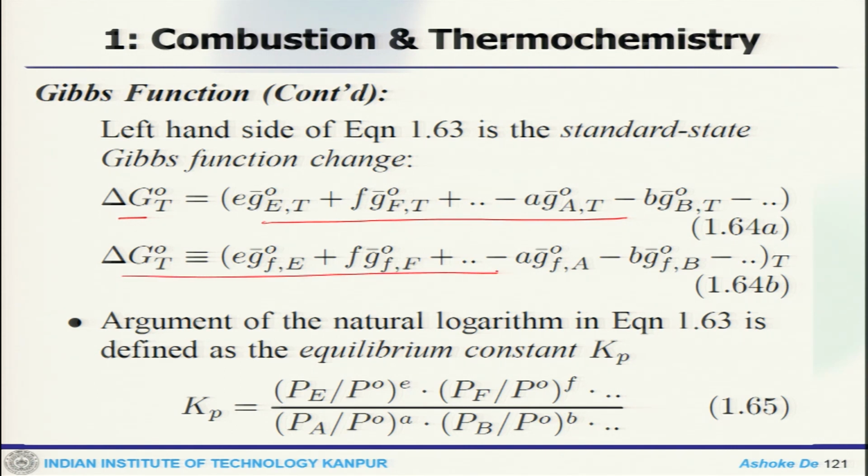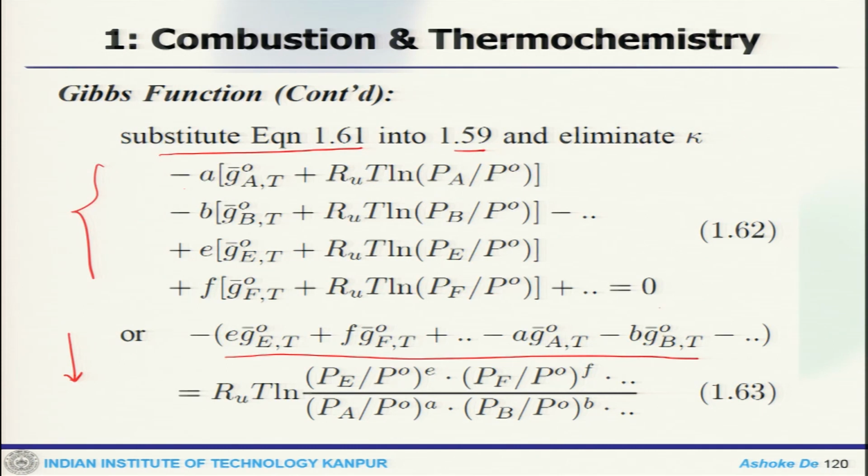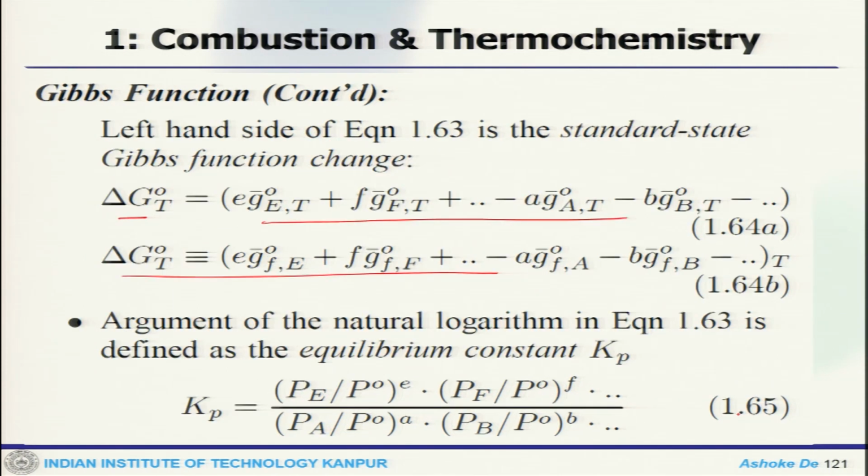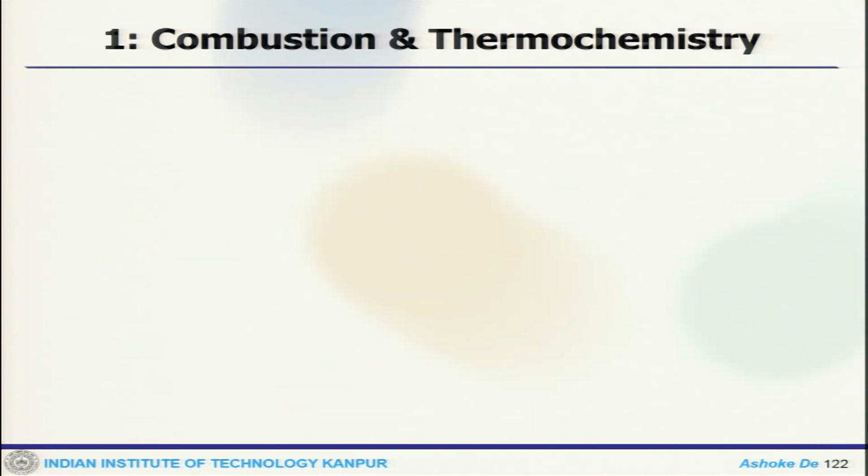If you take the natural logarithm of the previous equation, you get the equilibrium constant Kp in terms of all the partial pressures. So then one can write that delta G naught is minus Ru T ln Kp, which is your 1.65.